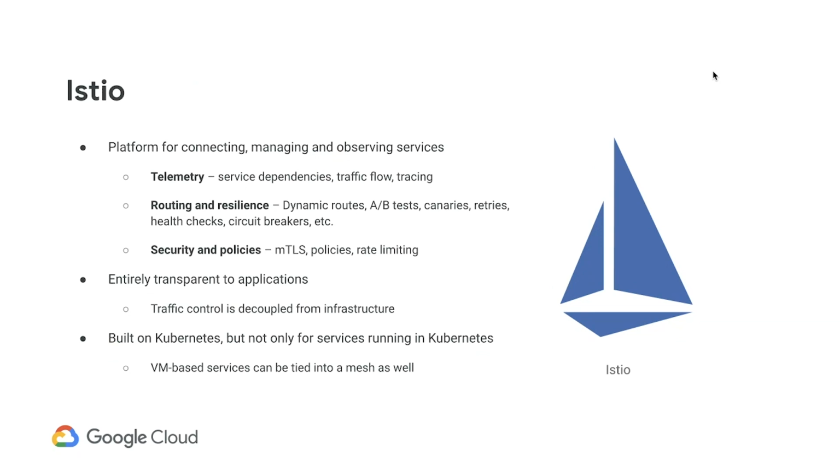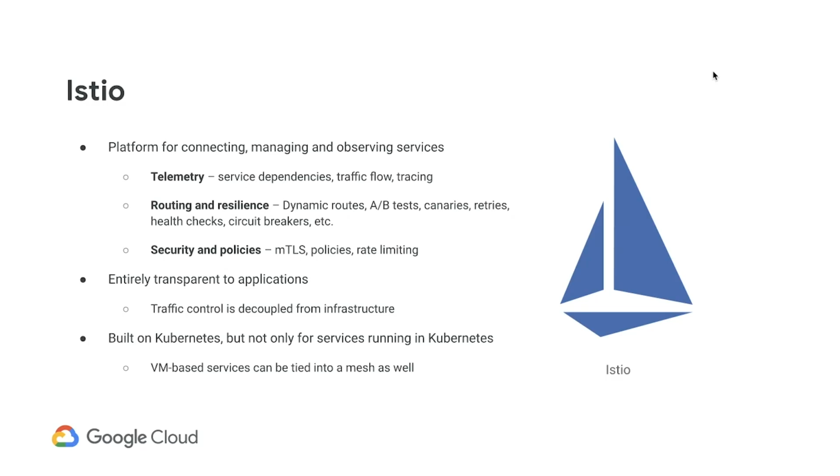The basis of Istio was to create a platform for connecting, managing, and observing services, all based on Kubernetes. While it was based on Kubernetes, it was not really tied to Kubernetes as a platform. VM-based services were also able to tie into that mesh, and hence it provided a complete use case for developers. It helped in telemetry, routing, as well as security for web services.